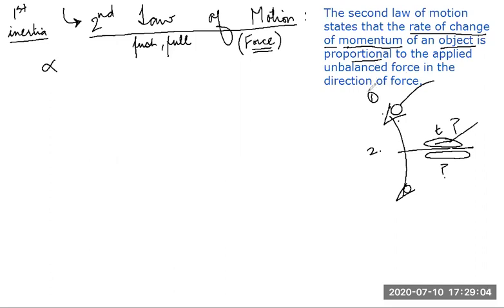So what's this? It says so many things. Let's say this is maybe a rickshaw, or something which is moving, and it has some weight.